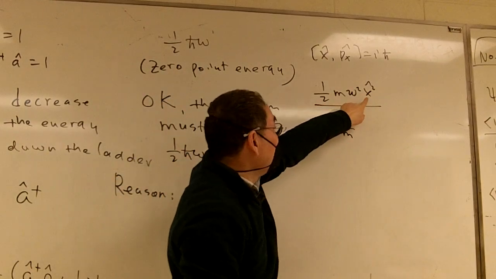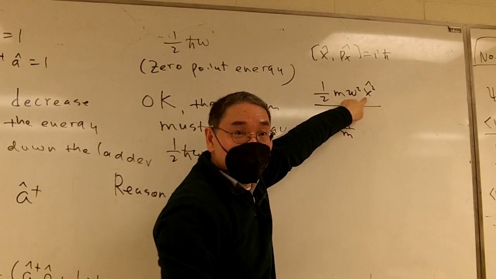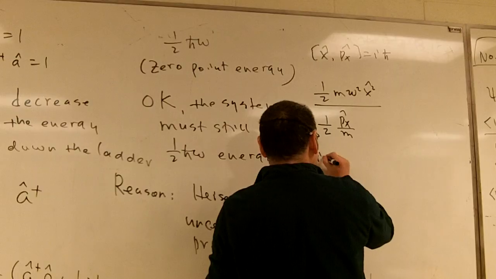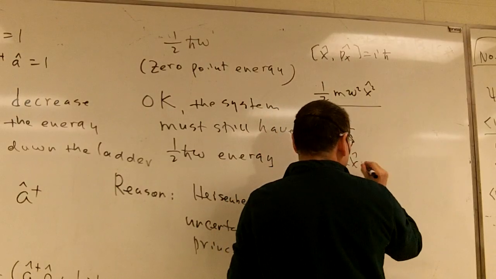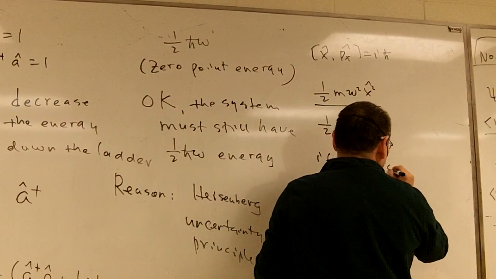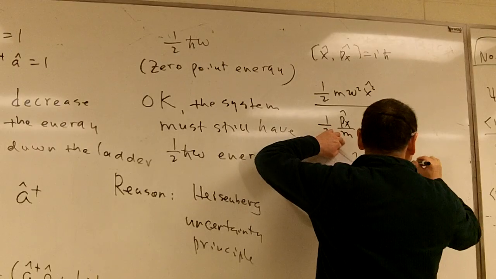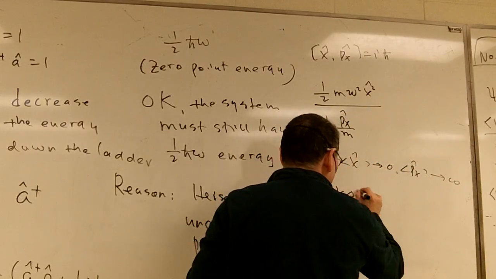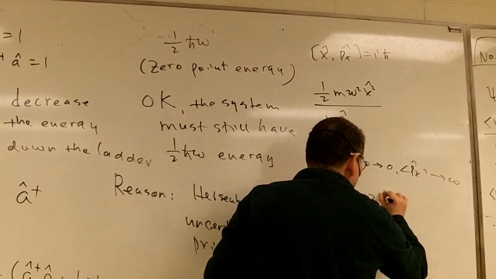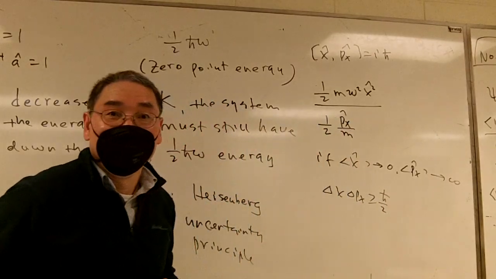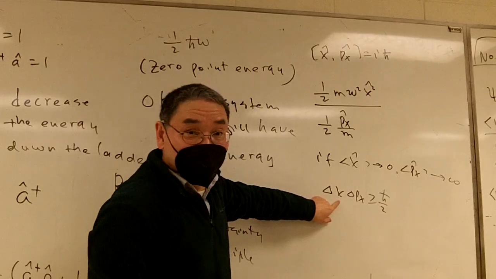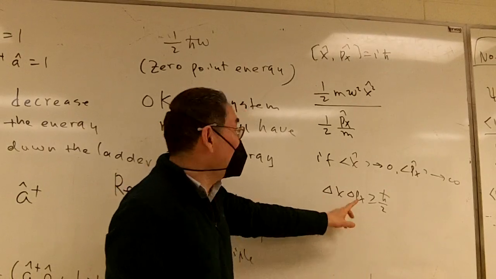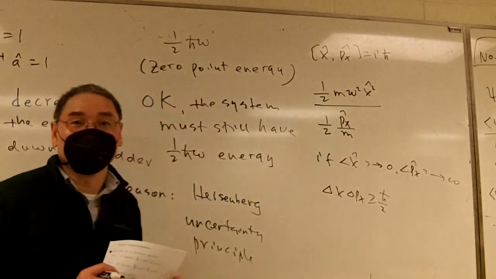Because let's assume x equals 0, then if x hat equals 0, then p_x is going to go to infinity. Because you remember delta x, delta p_x must be larger than or equal to 1/2 h bar. If you make this guy equal 0, this has to go to infinity. So therefore, there will be no case where both go to 0.